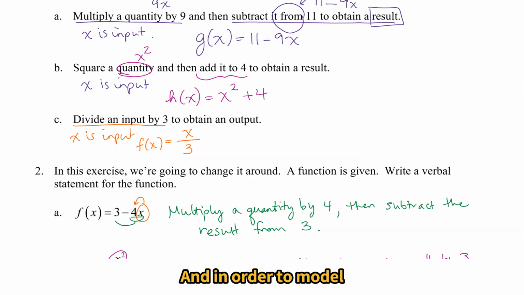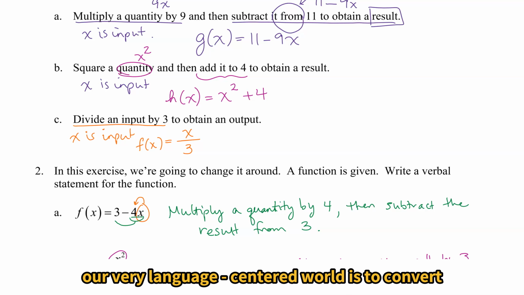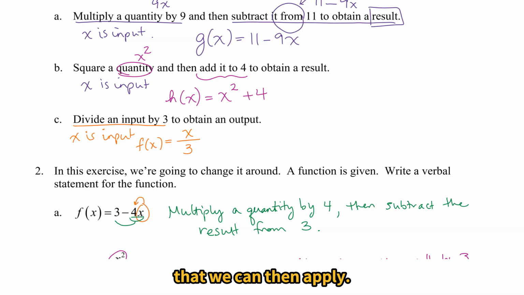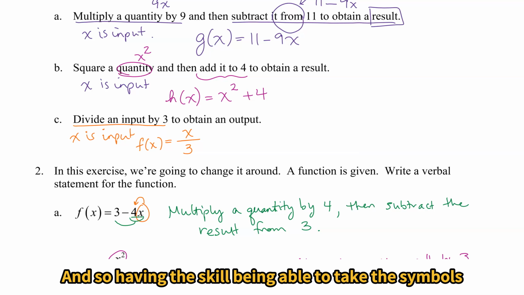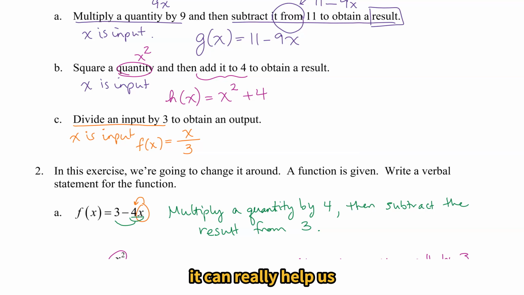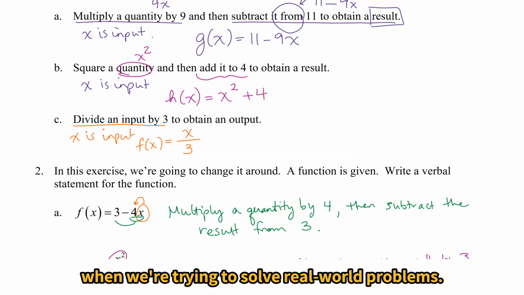And in order to model our very language-centered world, we convert that language into mathematical symbols that we can then apply. So having the skill, being able to take the symbols and write it into words, or take the words and write it into symbols, can really help us when we're trying to solve real-world problems.